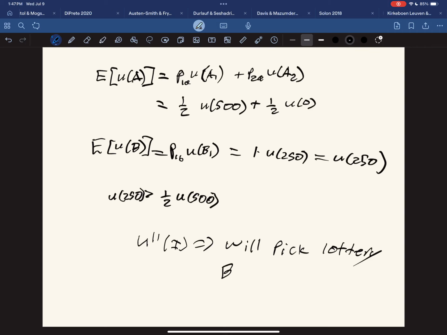Now, let's apply this to the situation of getting sick, right? As a reminder, there's a P% chance we get sick, and your payoff in the sick state is IS. Your payoff in the healthy state is IH.